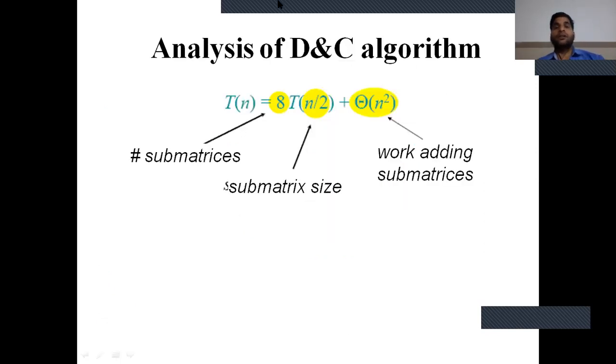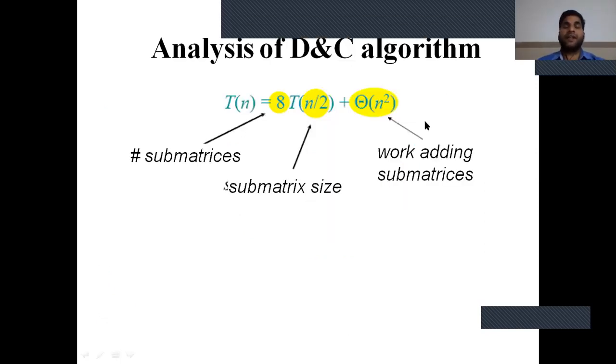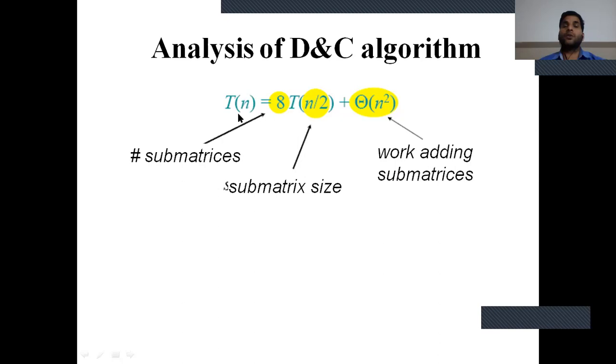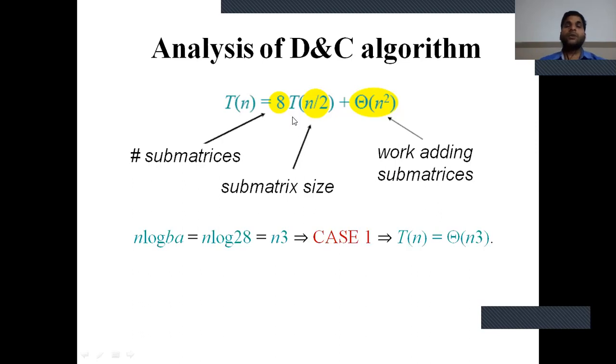Now, the recurrence equation of this divide and conquer approach to matrix multiplication is T(n) equal to 8 T(n/2) plus theta of n square, where 8 is the total number of multiplications of submatrices, n/2 is the submatrix size, and theta n square is the work of adding submatrices. So the time complexity equals theta of n cube.